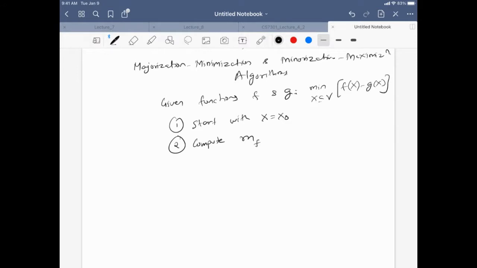So you compute m of f, which is an upper bound, and you compute a lower bound of g. How do you compute upper bounds and lower bounds?